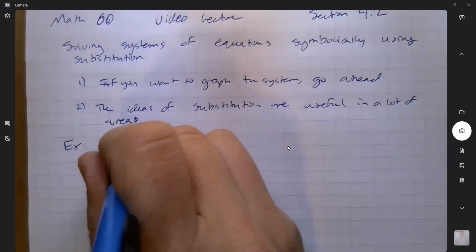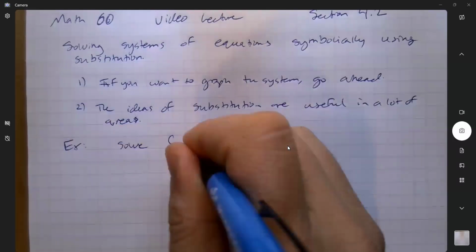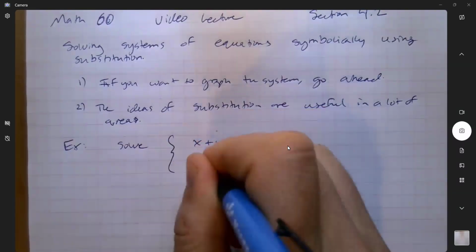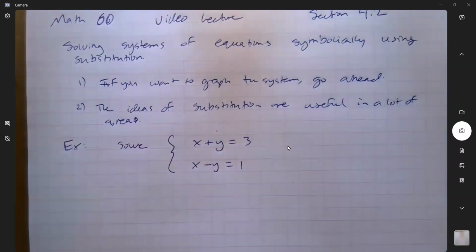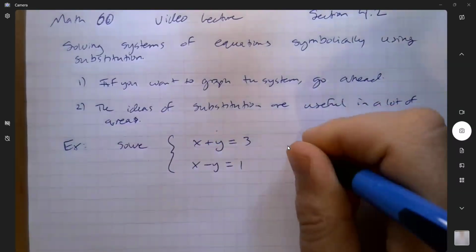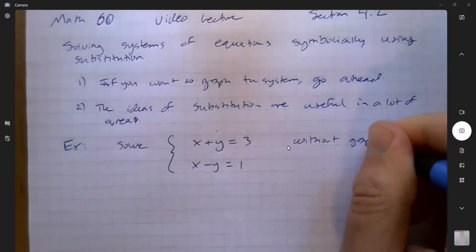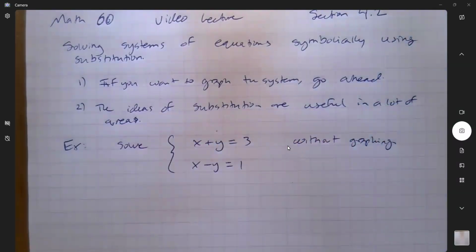So suppose I want to solve the system. I'm going to start with that same one I had last time, x plus y equals 3 and x minus y equals 1. And I want to solve this without graphing. I'm going to follow these steps.